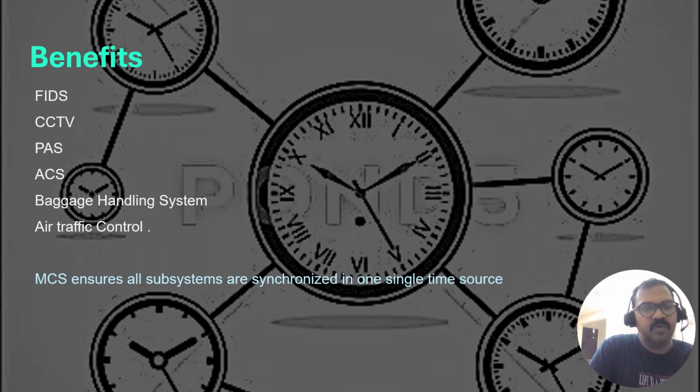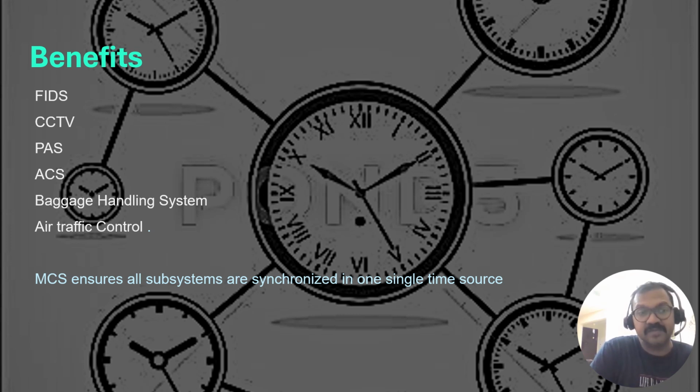Okay, overall benefit: the integration between the master clock and other subsystems, as we discussed before. These are FIDS, the flight information display system, where passengers can see boarding and departure information. Then CCTV, closed circuit television. Then PAS, the public address system, which is also an announcement system.